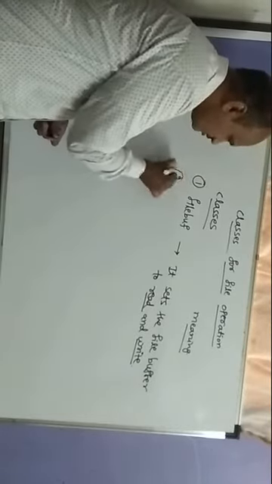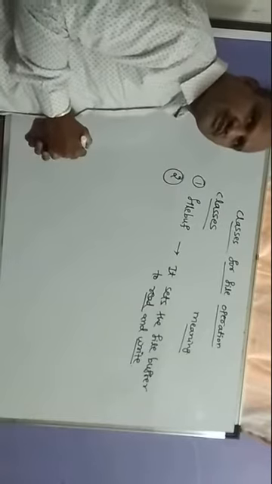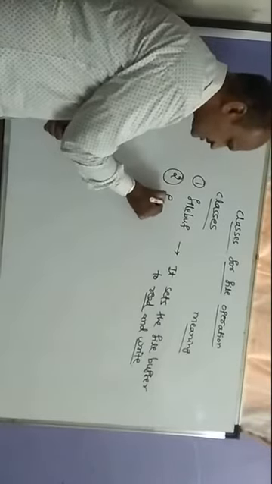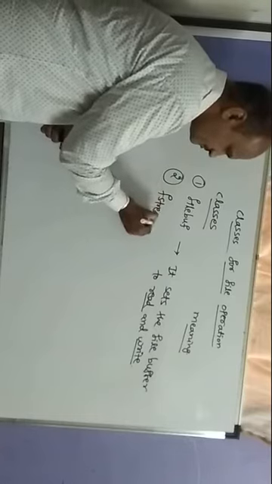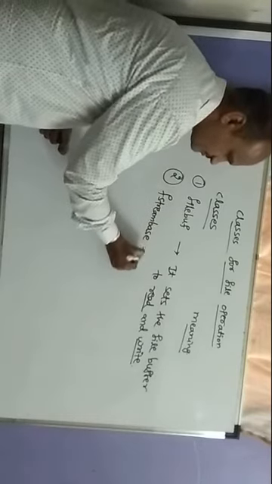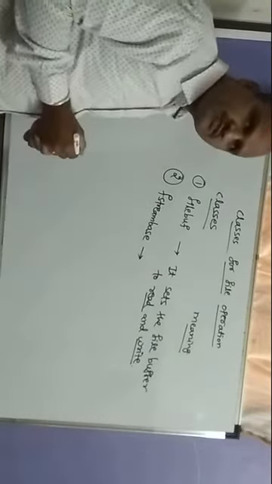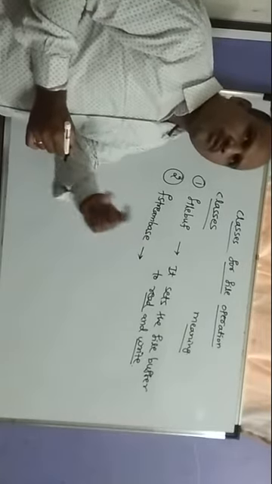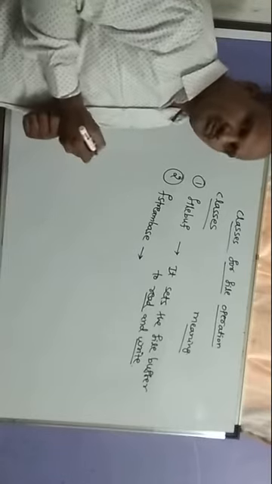The second class is fstreambase. Here it consists of open and close member functions.